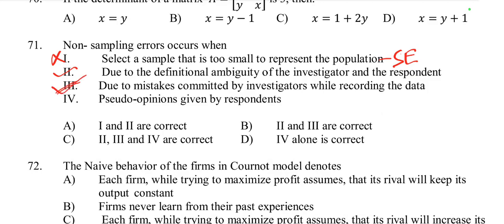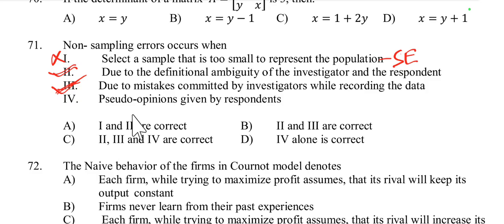This is also a non-sampling error, because errors in data recording such as misentries or data handling mistakes are non-sampling errors.